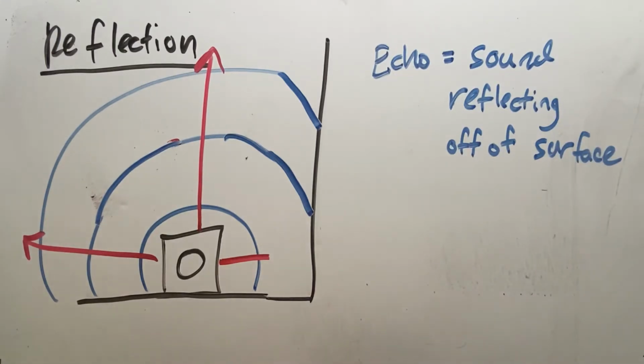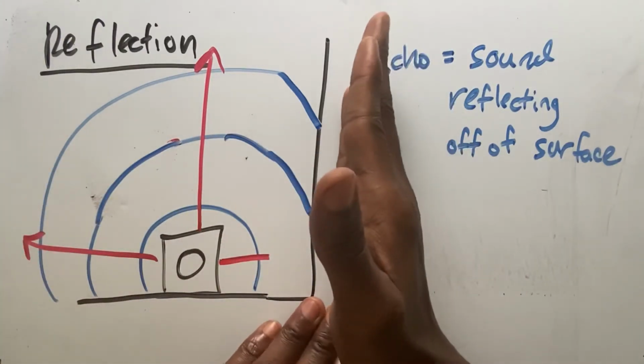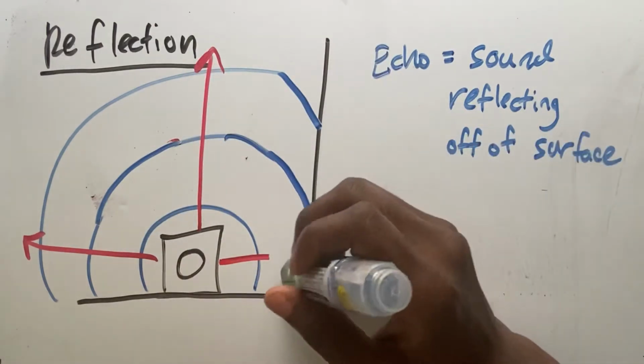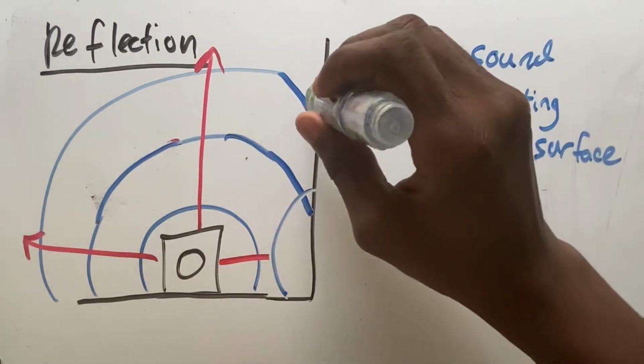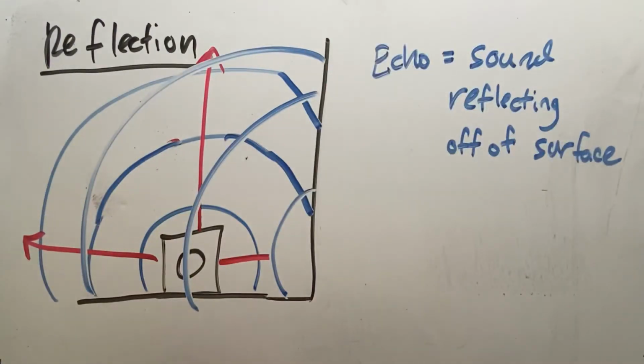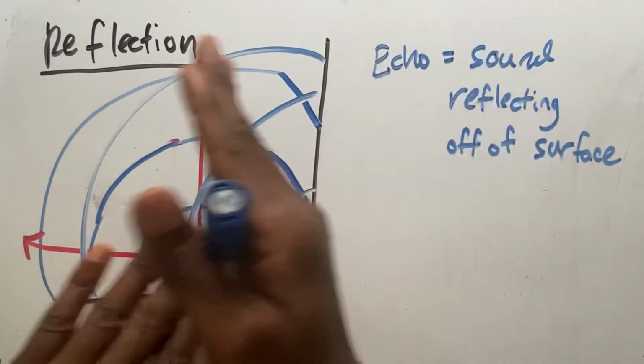Alright, so basically the sound from this speaker here is going to bounce off of this surface and then begin to go the other way. It looks something like that. So the sound comes out of the speaker here, hits the wall, and it's gonna bounce back the other way.